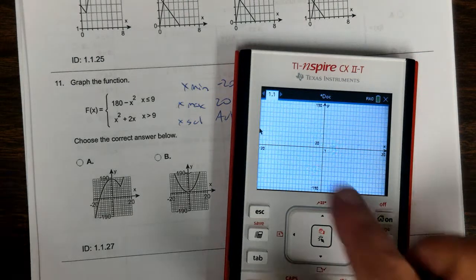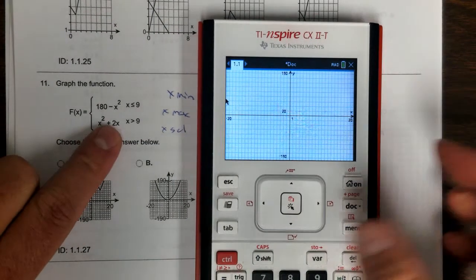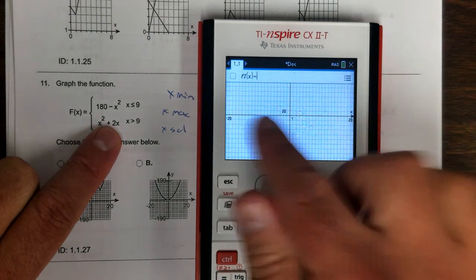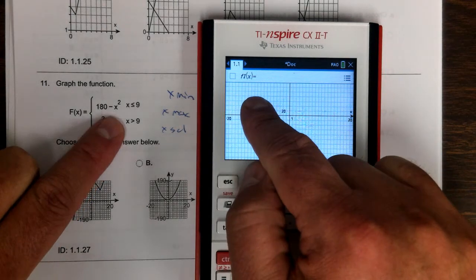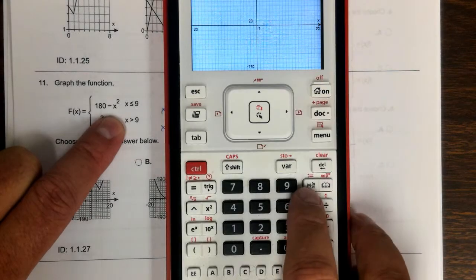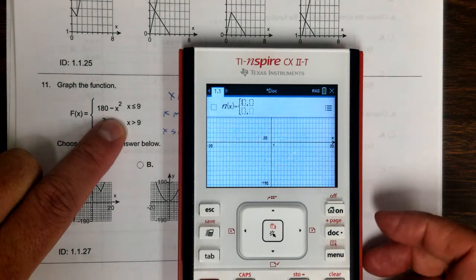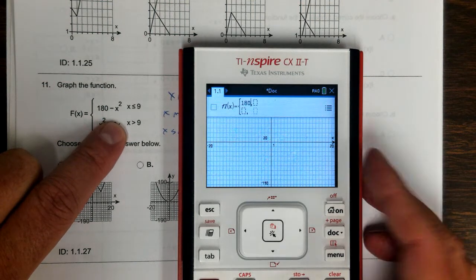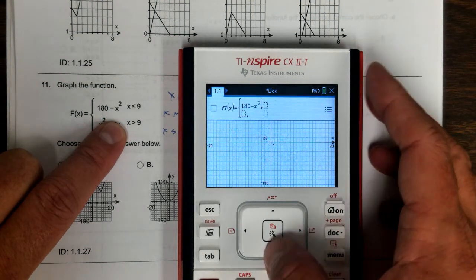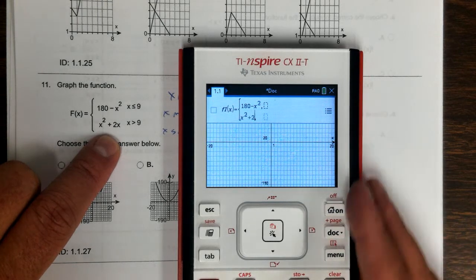Okay, so now we have the windows set. So now we go back to what we just did. We press tab to get F1 available, and then we go menu. Well, actually we go to the right of the 9, which is your piecewise, and you go 180 minus x squared, and x squared plus 2x.